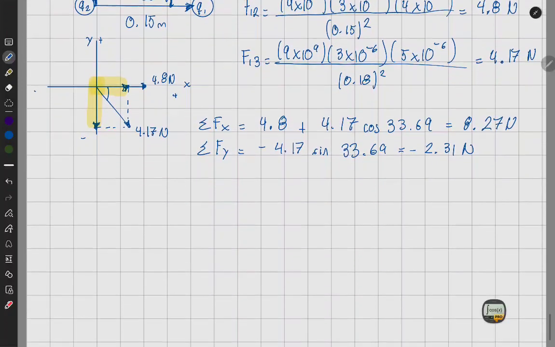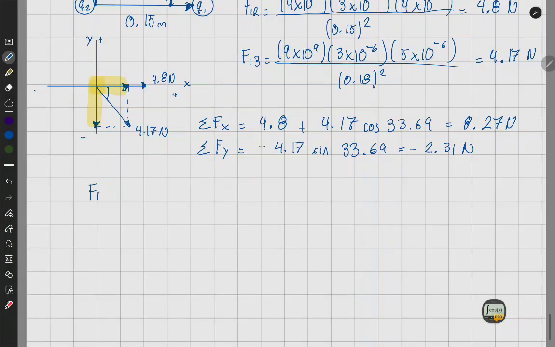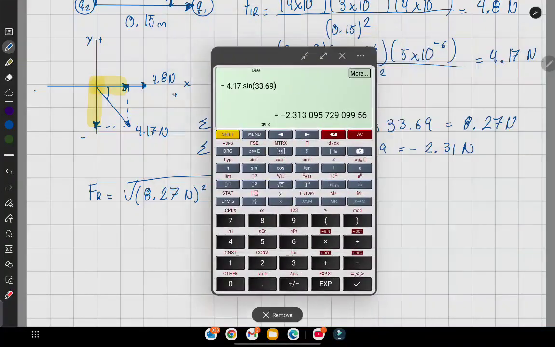And then with these two forces you can calculate the net force. So the resultant is equal to the square root of 8.27 newtons squared plus minus 2.31 newtons squared, and then again you can use your calculator.